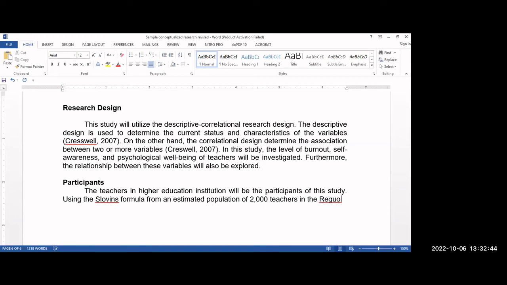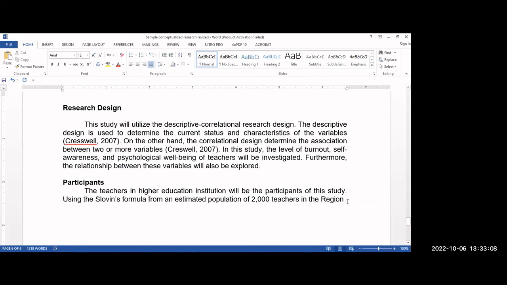Okay, so kunyari nagtanong ka na sa CHED, ilan yung teachers. So you have to explain ano yung way of solving the sample size. There are a lot. We have Cochran, we have the Yamane's formula or the Slovin's formula.